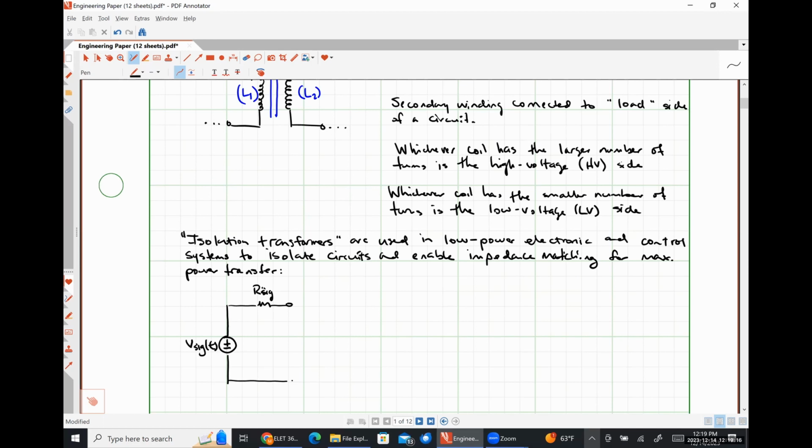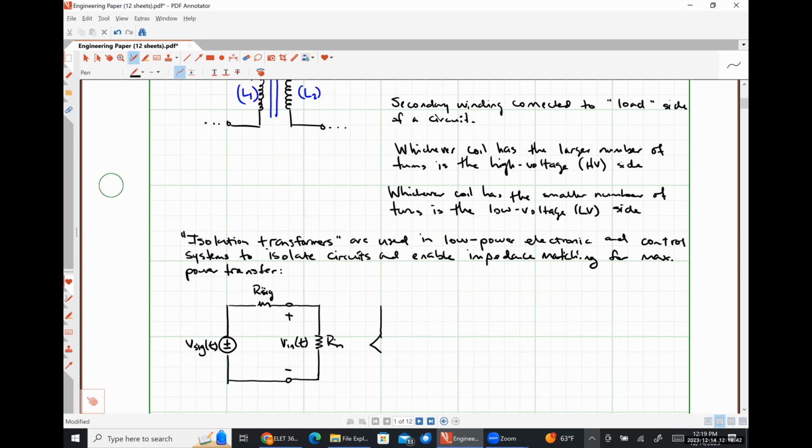That signal might be applied across the input terminals of an amplifier, where this resistance here, R sub N, is the input resistance of the amplifier, and this will be the input voltage of the amplifier, Vn.